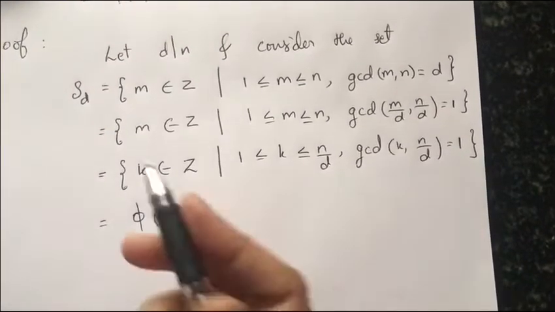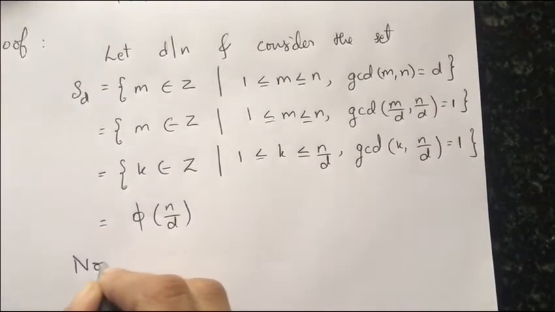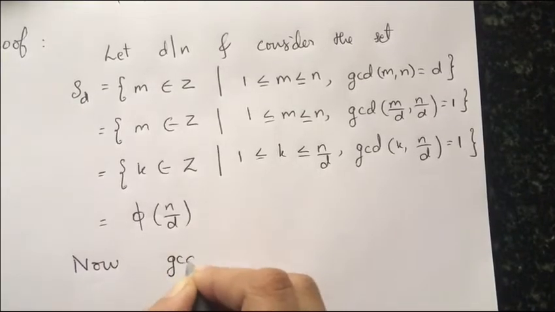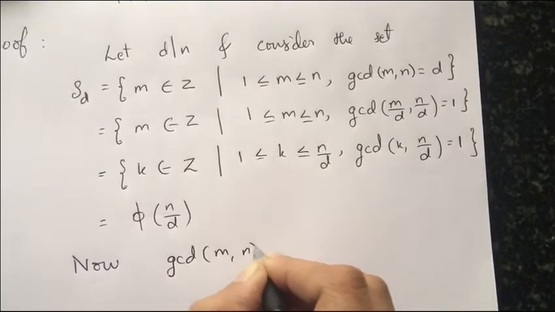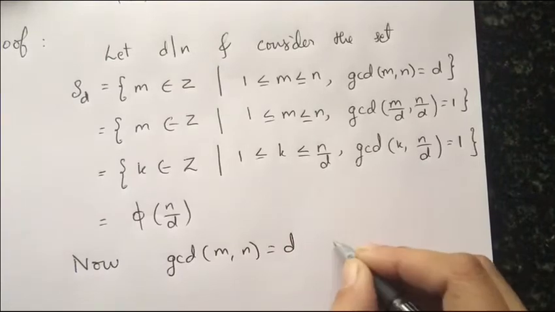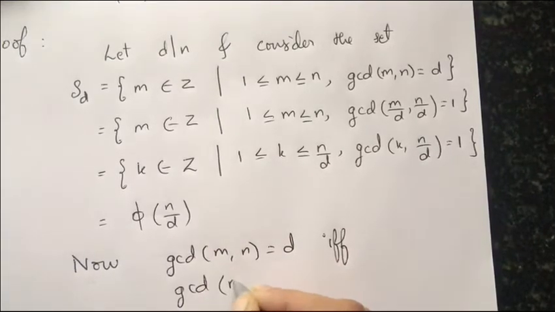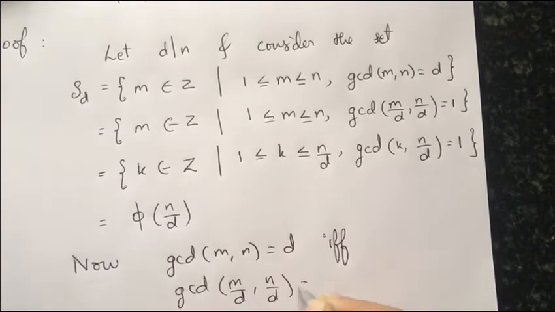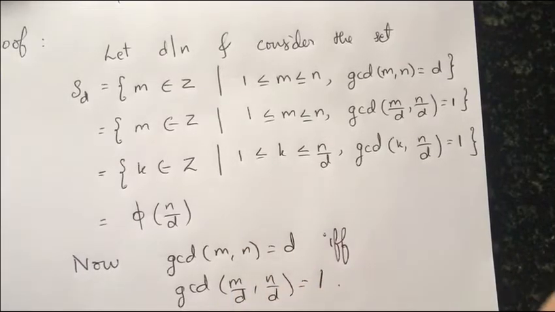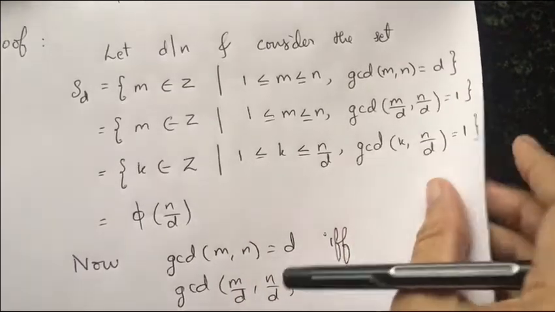Now observe one thing. The GCD of m comma n is d if and only if the GCD of m by d comma n by d is equal to 1, right? If they are relatively prime, then only I can write it like this, or vice versa.